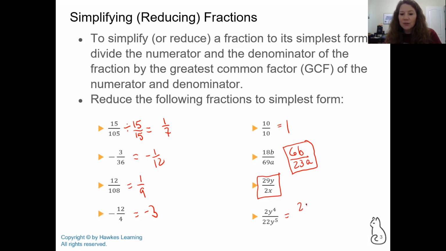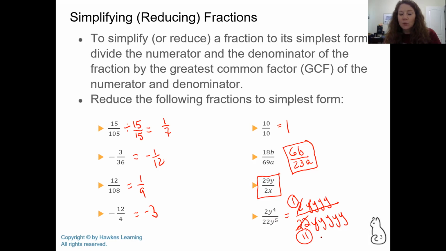If I had 2 times y times y times y times y, divided by 22 times 1, 2, 3, 4, 5 y's. Well, 2 divided by 2 is 1. 22 divided by 2 is 11. And then look what happens.